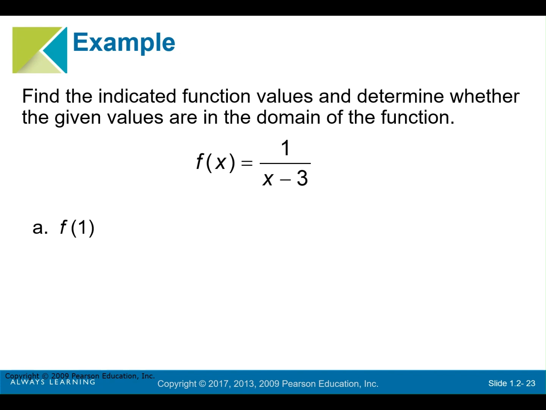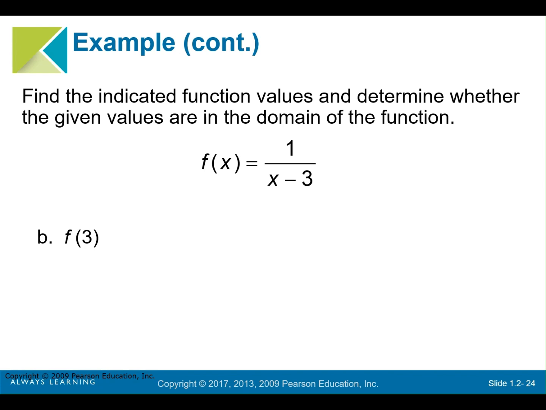So we're going to start by figuring out f of 1, and that is exactly going to be 1 over 1 minus 3. And we can simplify that a little bit by doing 1 over 1 minus 3 is negative 2. Negative 1 half is the result. That value certainly does exist, and it is certainly in the domain. 1 is in the domain, is what we say.